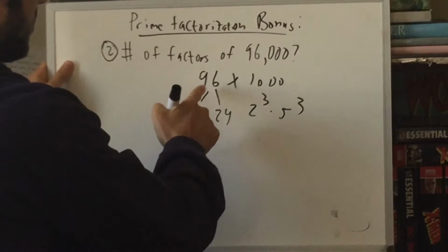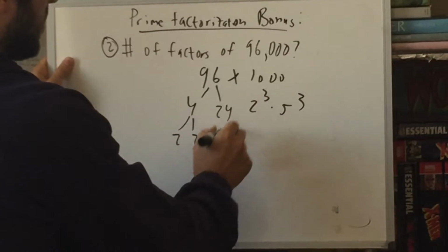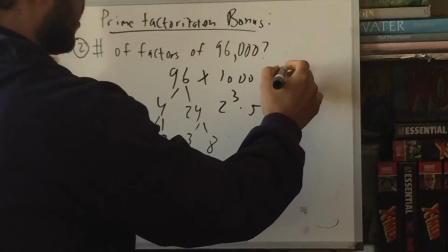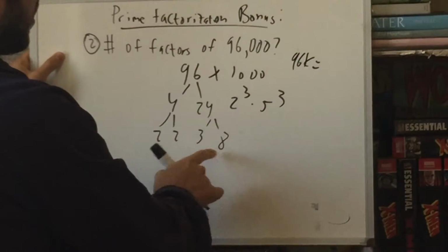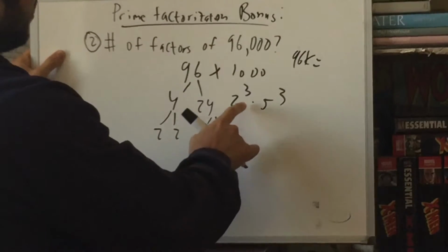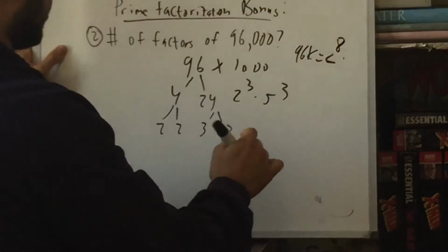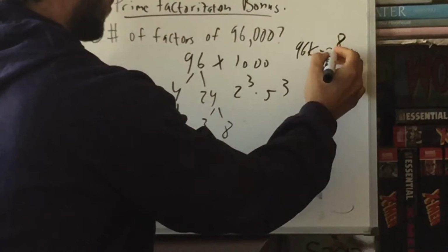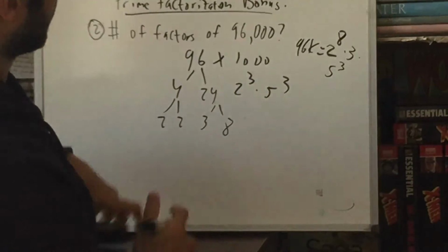So that's 2 squared, and this is 3 and 8, and this is 2 cubed. So let's gather all our factors. So 96,000 is 1, 2, 3, 4, 5, 6, 7, 8 twos. So it's 2 to the 8th times 3 to the first and 5 cubed.